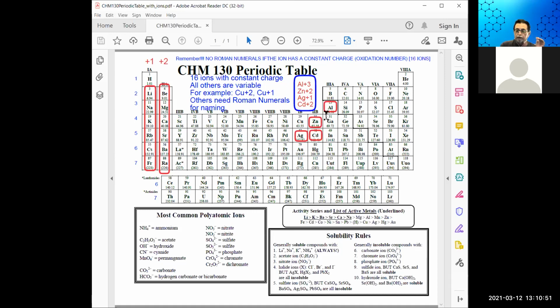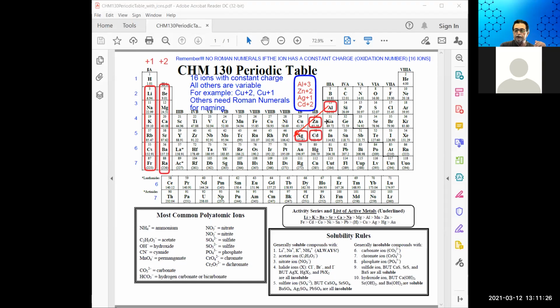Now, the other 4 I've highlighted in a circle. Aluminum, element 13. It's a metal in group 3. It will have an oxidation number always of +3. Now, if you go caddy-corner, at an angle, let me draw it this way, from aluminum down in that direction, the next one, diagonally, is zinc.